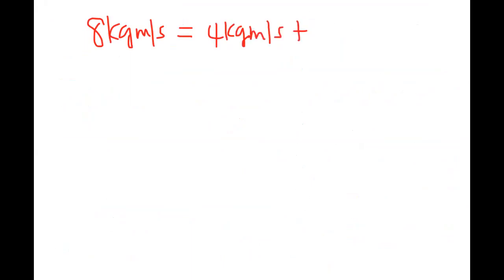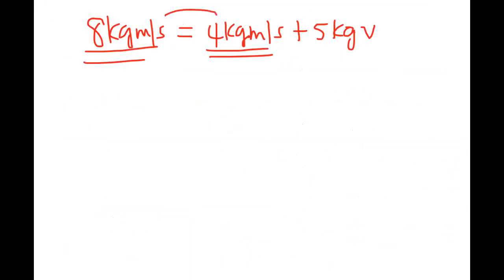The equation says that 8 kilogram meters per second is equal to 4 kilogram meters per second plus 5 kilograms times velocity V. These are like terms, so I can transfer this one to the right hand side to become negative.